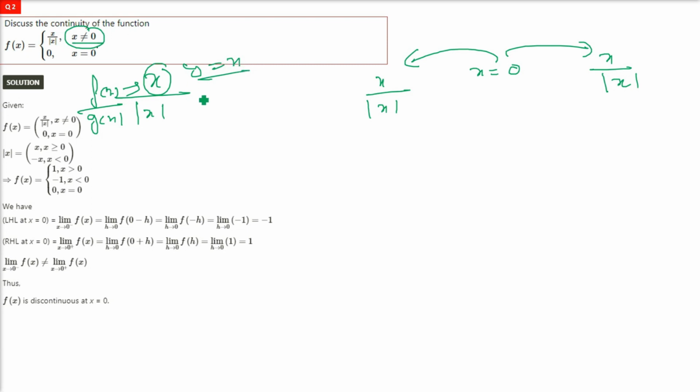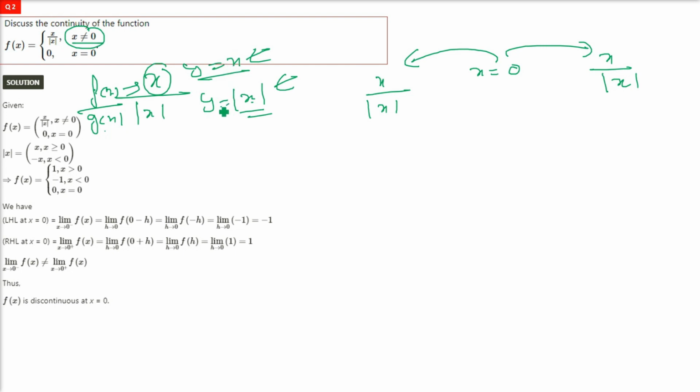Y equals to x is simply first order polynomial. And y equals mod x, which is the absolute value of x. And this function is also, we have seen that it is continuous. But there are points where it will not be continuous. And we'll check it at 0 here. Right? So let us see at this point on both of this.